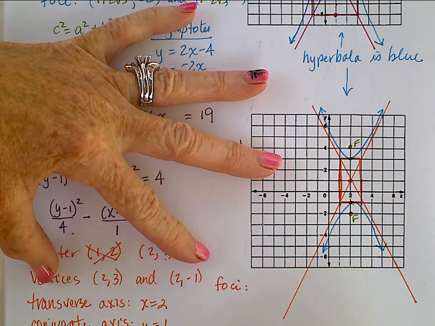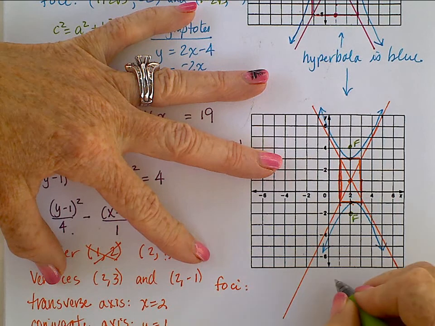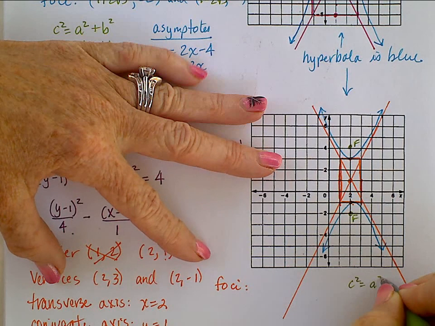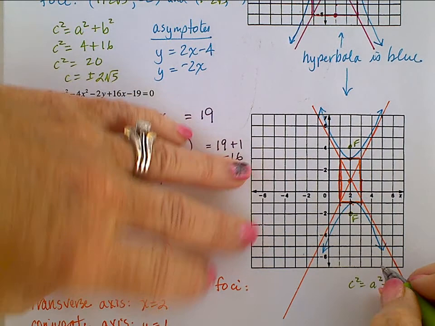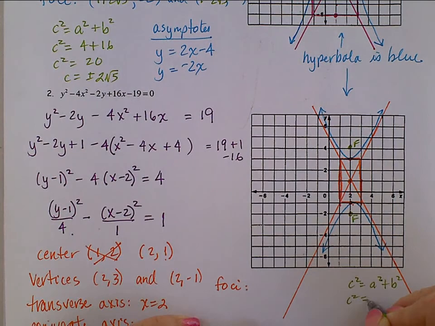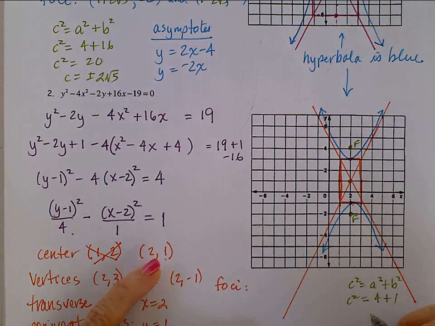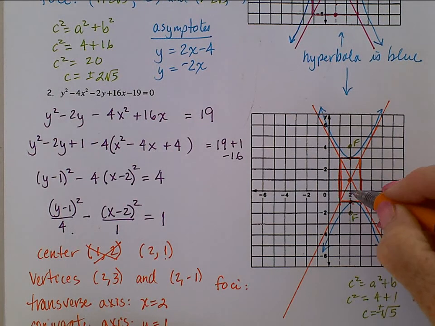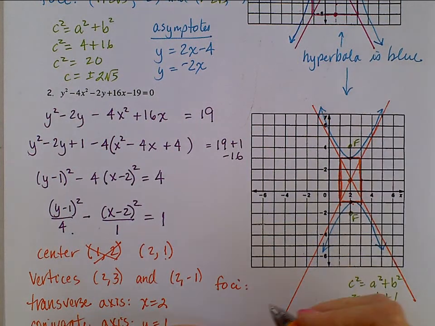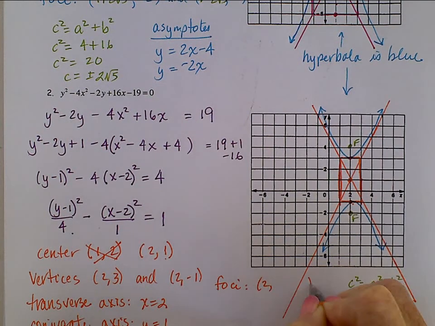And for those foci, let's use c squared is a squared plus b squared. C squared is 4 plus 1, so c is plus or minus square root 5. In this case, the x coordinate is 2, comma something.